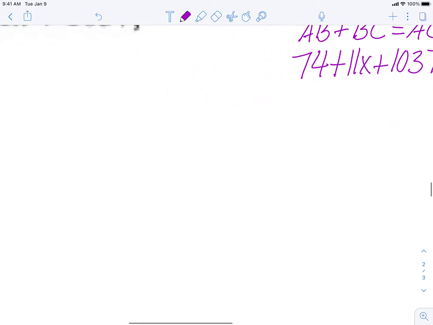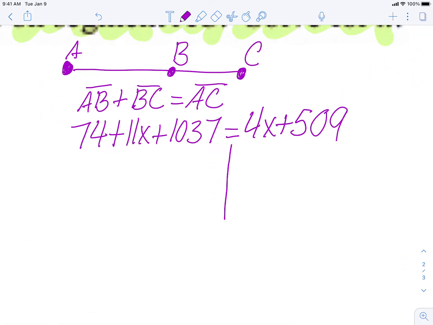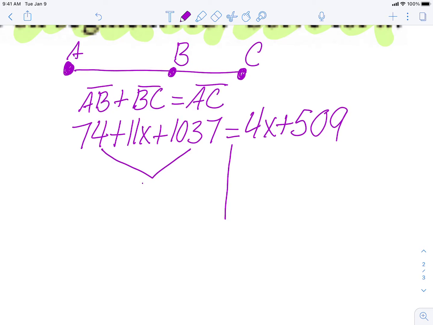Just like that. Okay. And I'm going to combine 74 plus 1037, which I'm going to use my trusty iPhone calculator again. 74 plus 1037 is equal to, how about that? 1111.